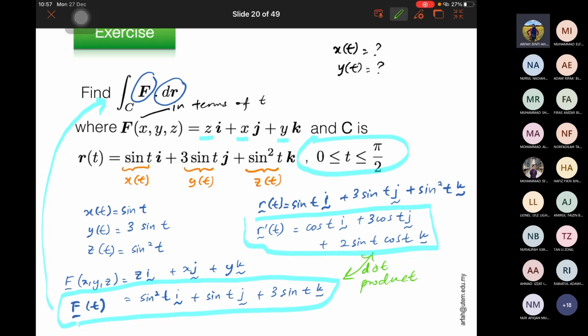What will you have? Cuba dapatkan the dot product, and then give me the answer for that one.